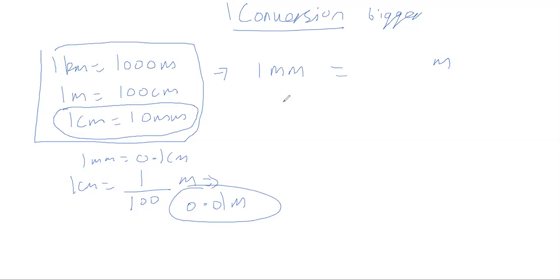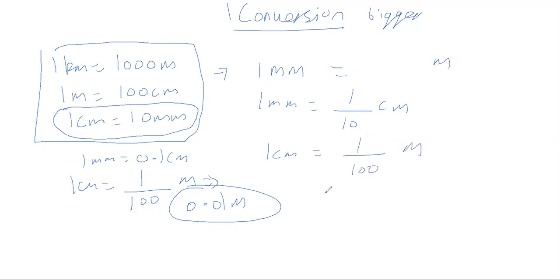So what should I do? First, I should convert from millimeter to centimeter. We know that in 1 millimeter there are how many centimeters? 1 by 10 centimeters, right? Now this has been converted into 1 by 10 centimeters. Now we know that in 1 centimeter, how many meters are there?